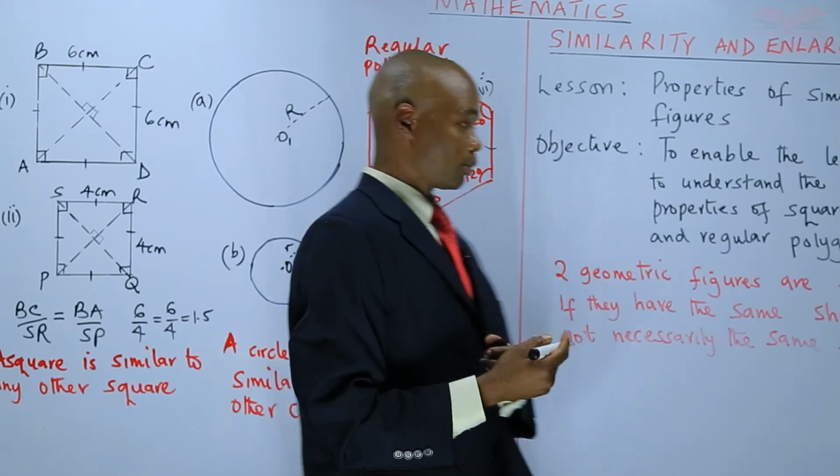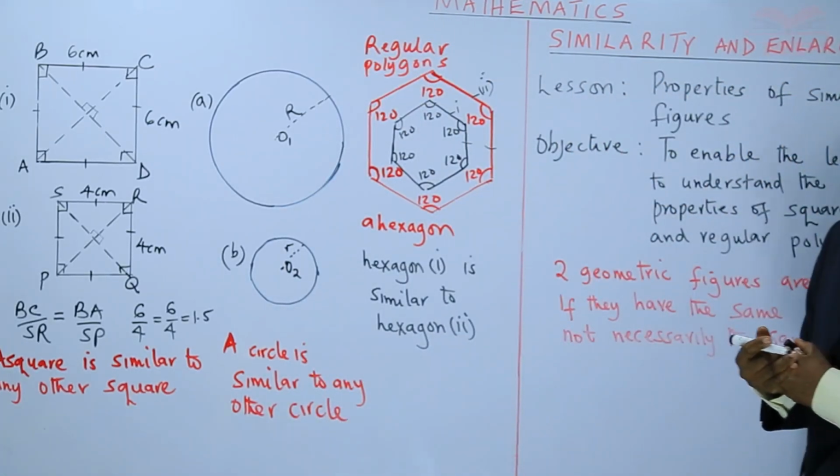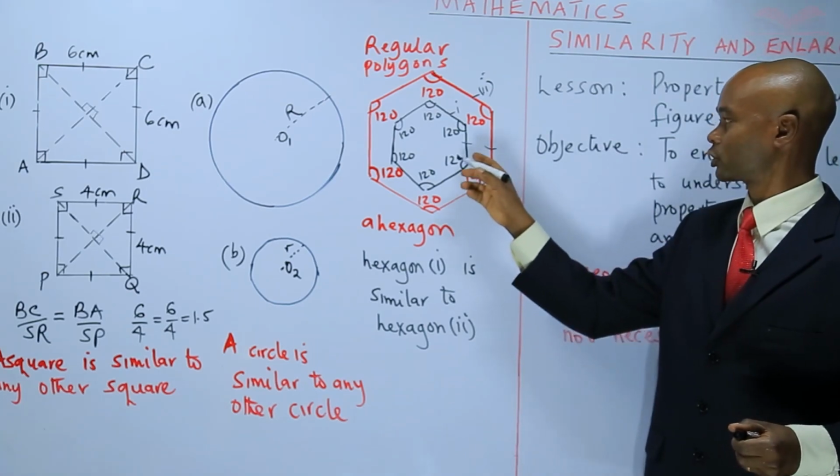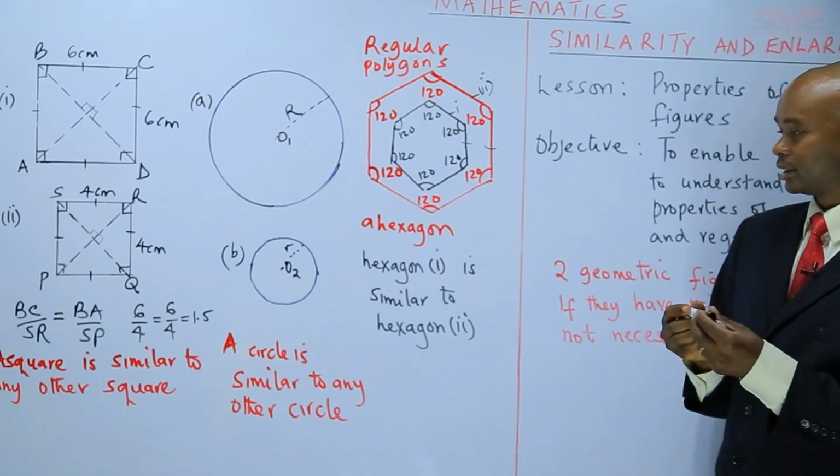So hexagon 1 is similar to hexagon 2 because of an obvious reason. The inner angles are the same, so the shape is retained.